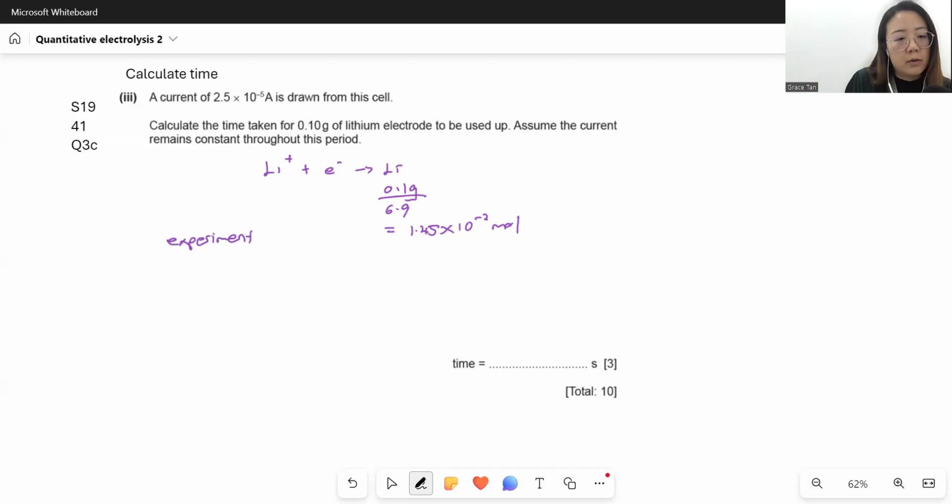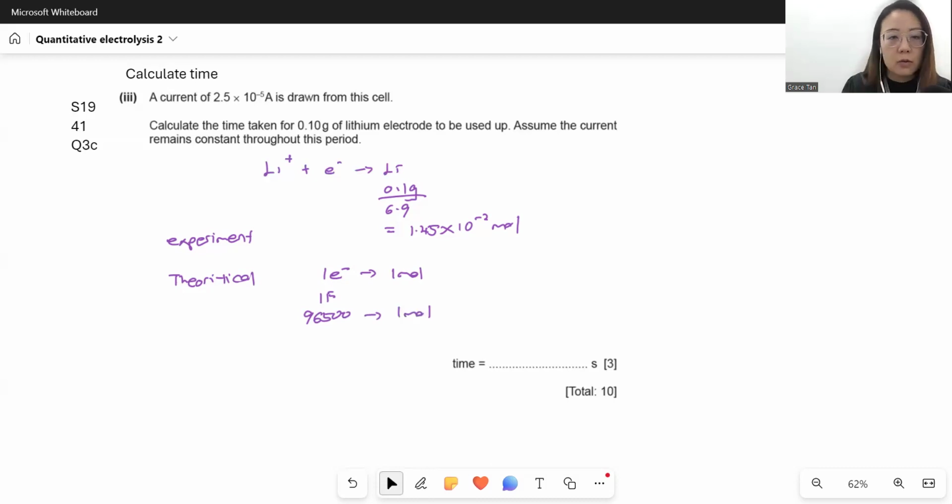Now let's look at it theoretically. We have 1 electron needed to form 1 mole of lithium. In other words, we need 1 Faraday, which is 96500, to form 1 mole of lithium.